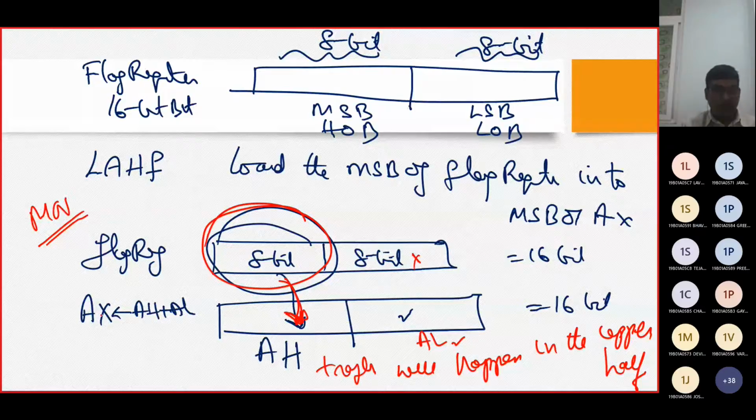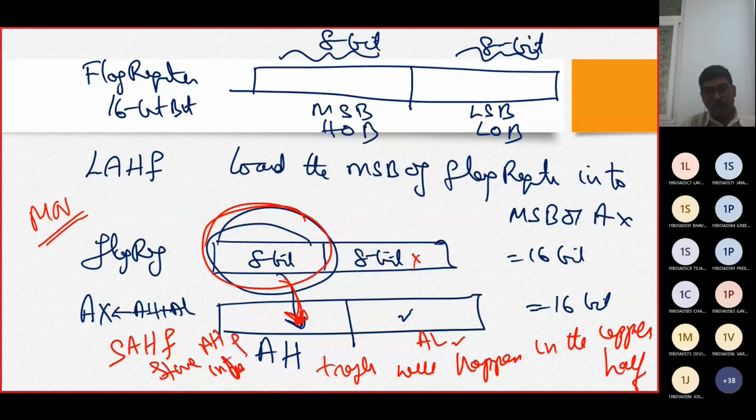Similarly, when I use SAHF, we say store high order bits of the accumulator into the flag register.